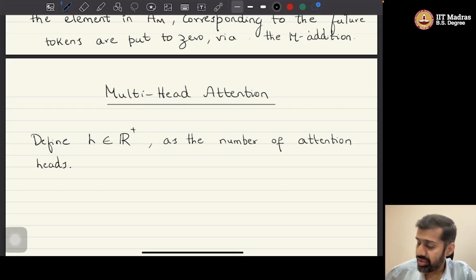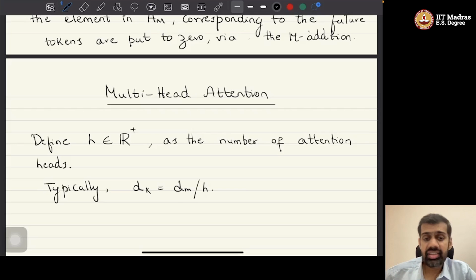So typically, d_k is made to be equal to d_m divided by h.